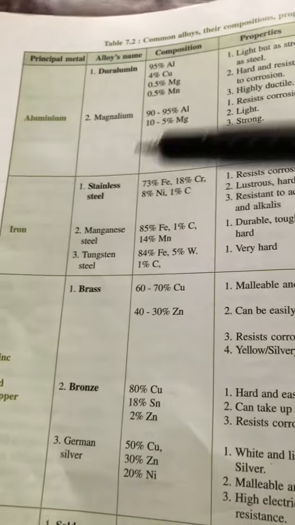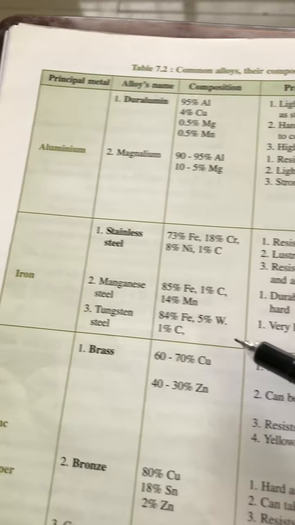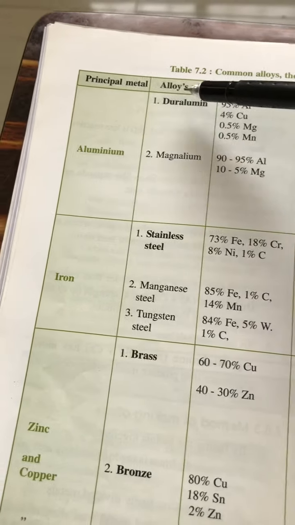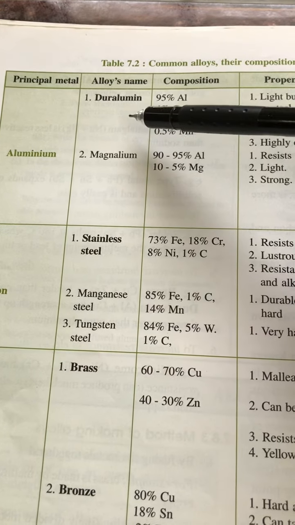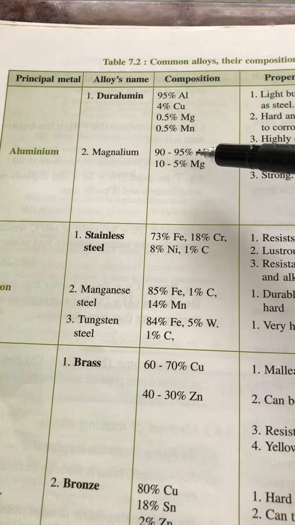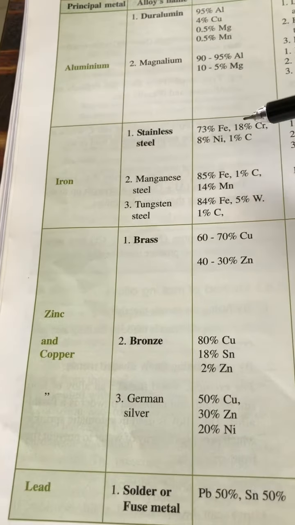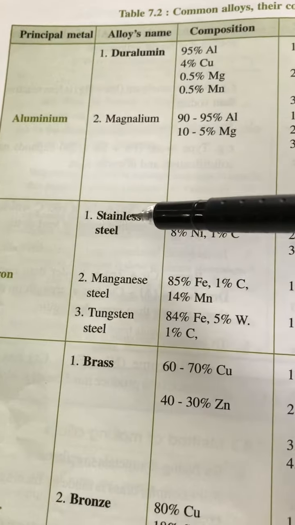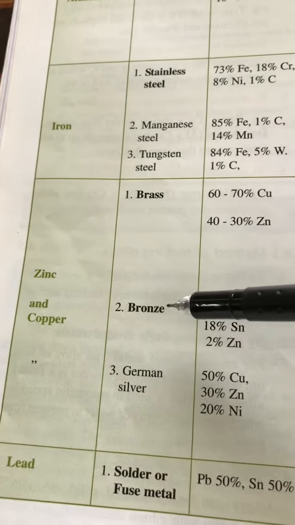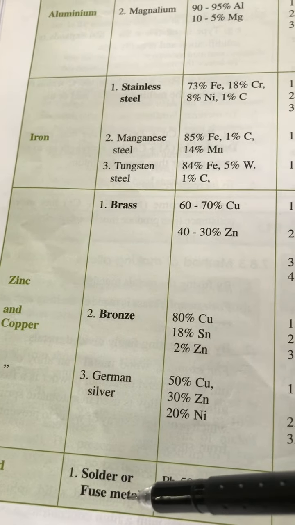One table is given to you in your textbook. You just go through the principal metal, the alloy's name and composition. And here mainly you go through whatever alloy names are given in bold letters. That is important for examination purposes. Yes.